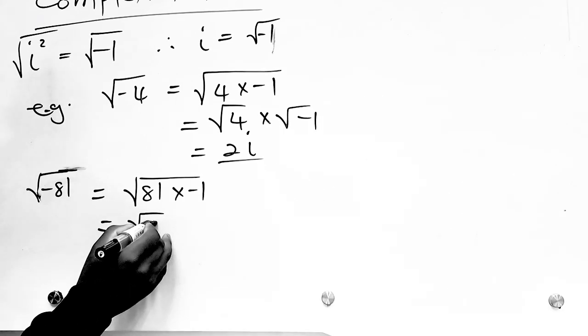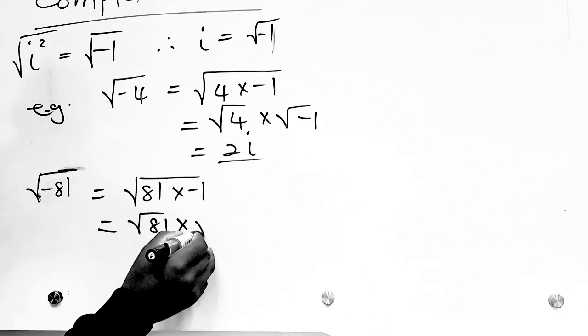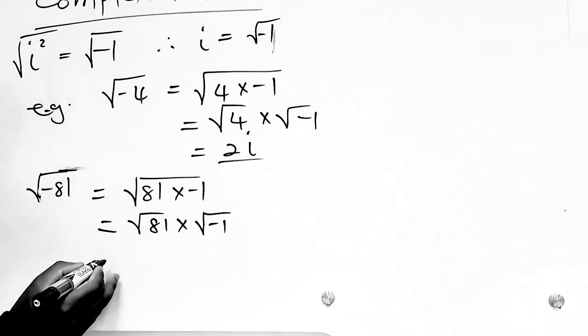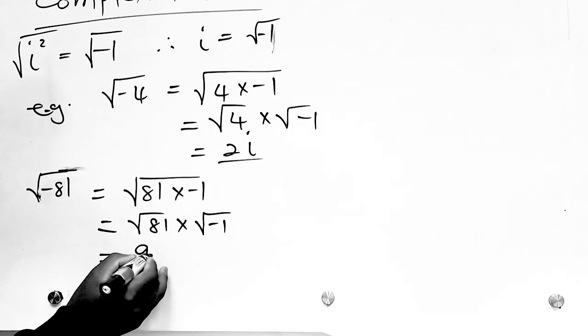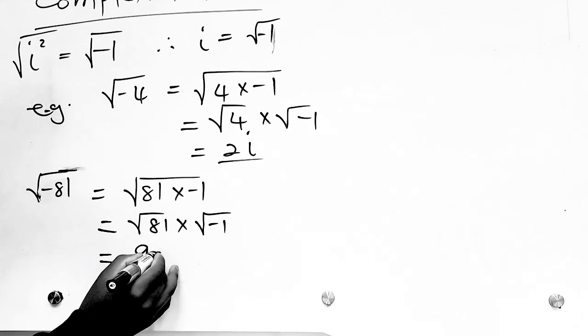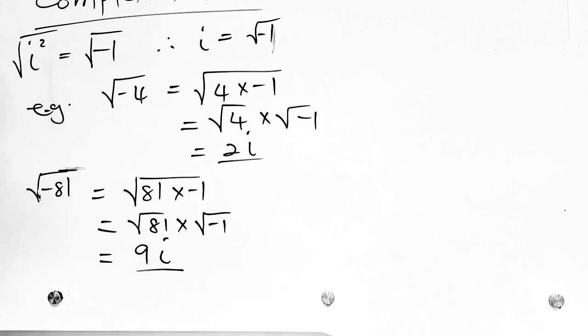So this is the square root of 81 multiplied by the square root of minus 1. The square root of 81 is equal to 9, then the square root of minus 1 is equivalent to i. So the square root of negative 81 is equal to 9i in complex numbers.